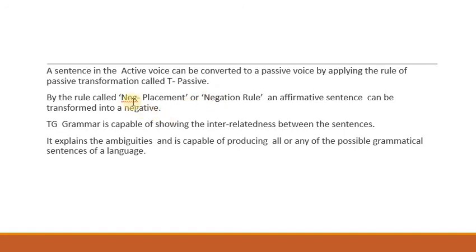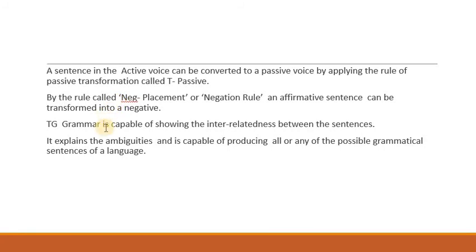So remember, when you change an active sentence into a passive sentence, or an active voice into a passive voice, the transformation that occurs there is called T-passive or transformation passive. When we apply negation rules, the rule is called negative placement. So by the rule called negative placement or negation rule, an affirmative sentence can be transformed into a negative.